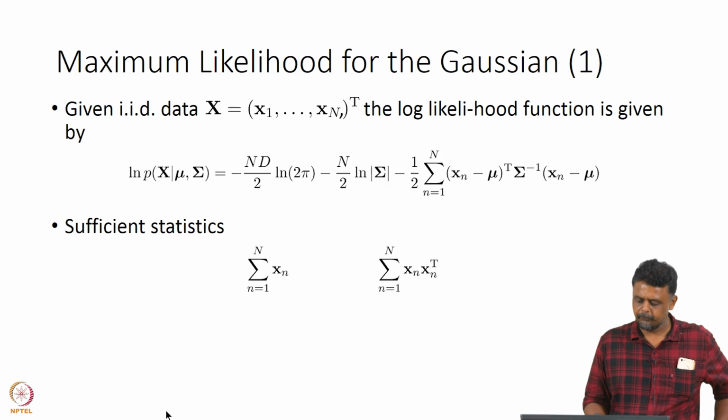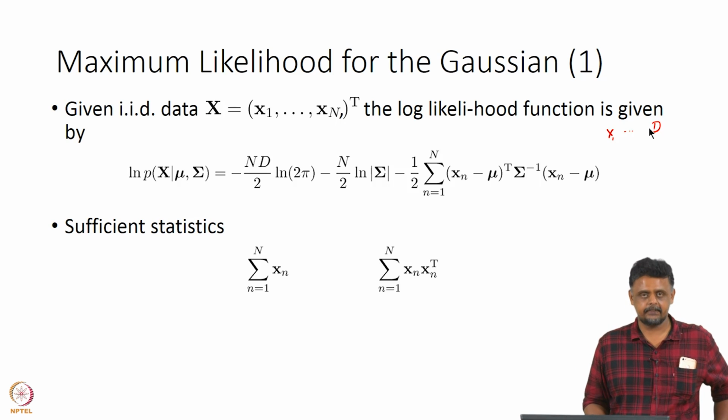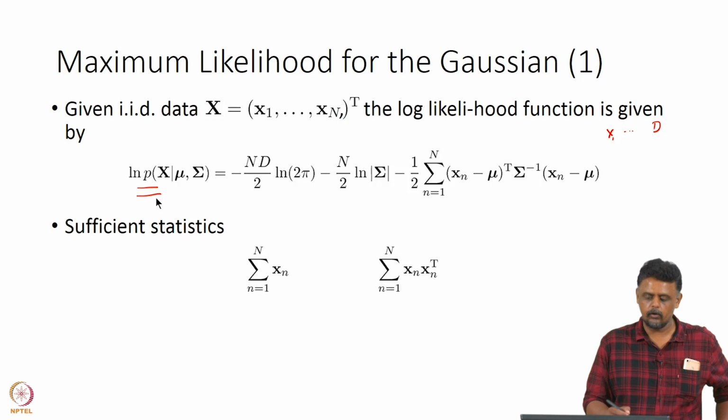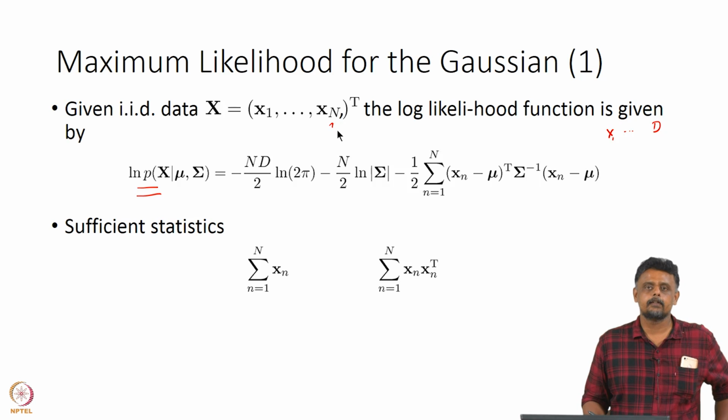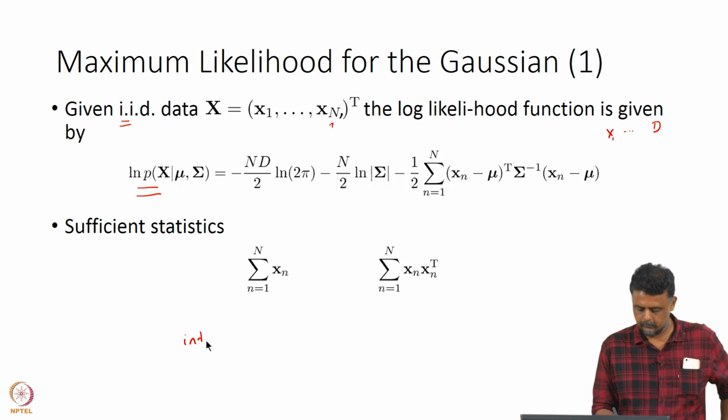So, if you want to consider multidimensional data where each of the x's has, let us say, d dimensions, okay, the procedure is the same. We still construct the log likelihood of the data given a data set consisting of n points, each of them independent and identically distributed, that is what IID stands for.